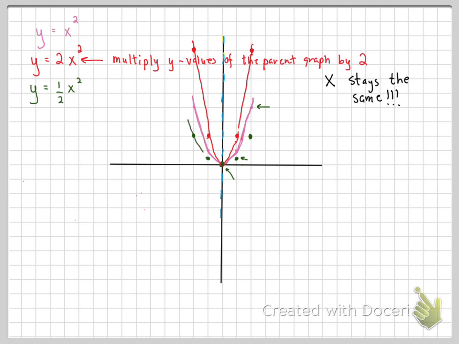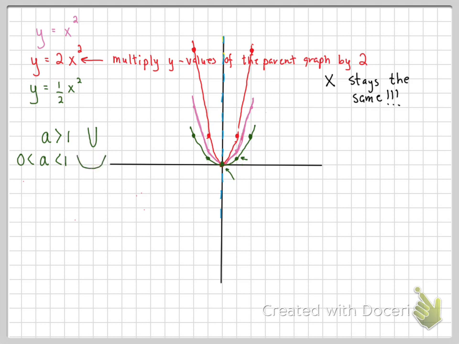And then the graph is the green one. So obviously you can see from the graphs that if your a value is greater than 1, the graph is steeper. If your a value is greater than 0 but less than 1, the graph opens wider.